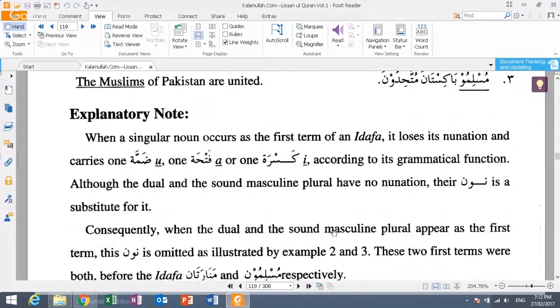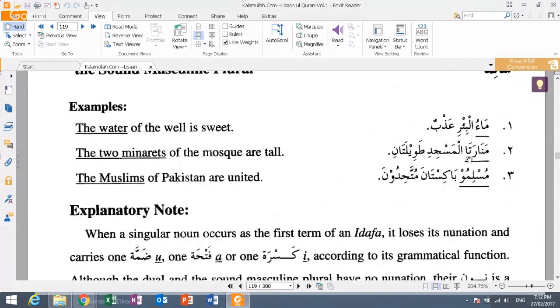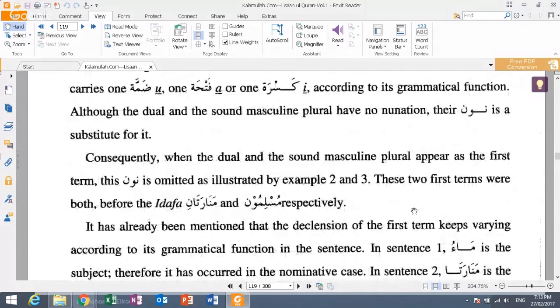Although the duals and sound masculine plurals have no nunation, their noon is a substitute for it. Consequently, when the dual and the sound masculine plural appear as the first term, this noon is omitted, as illustrated by examples 2 and 3. Example 2 was Manaratal Masjidi, and the third one was Muslimu Pakistana. So you can see the noon is dropped, omitted.